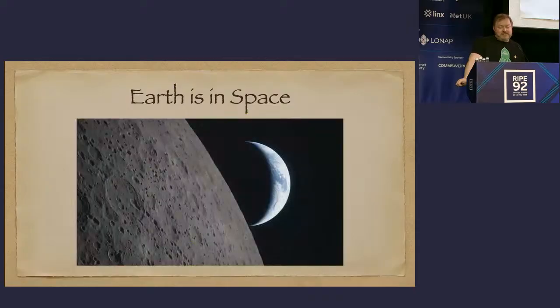This is the Earthrise picture that was taken by the NASA astronauts. And of course, we had to send people across the back of the moon to make this picture. Quite a bit of an endeavor. But I was looking at the venue last night, and they also could have just booked a ticket to Edinburgh.